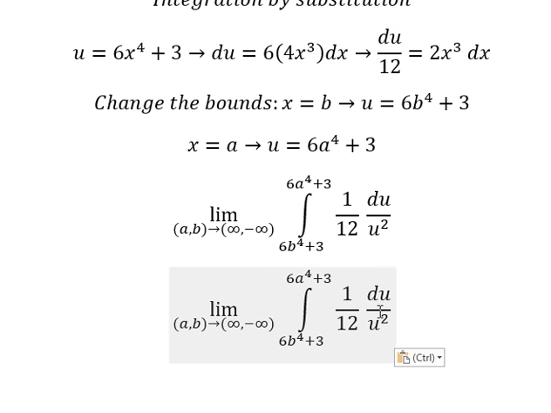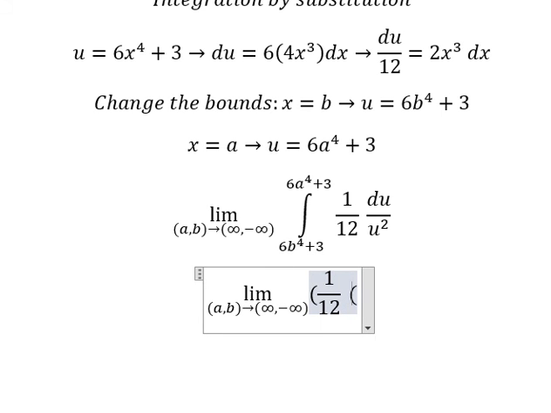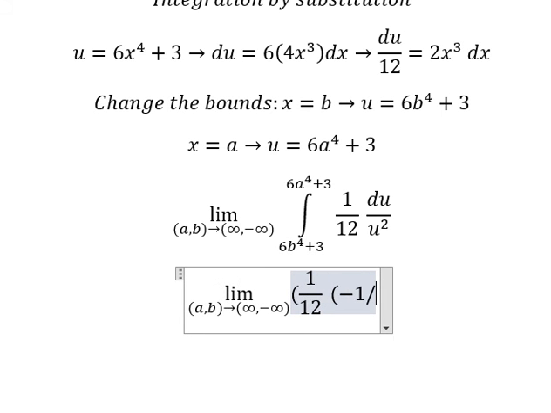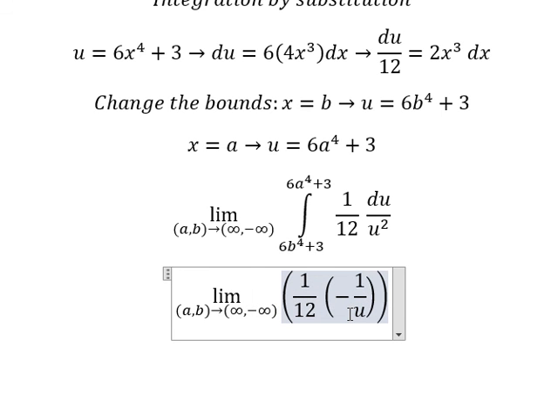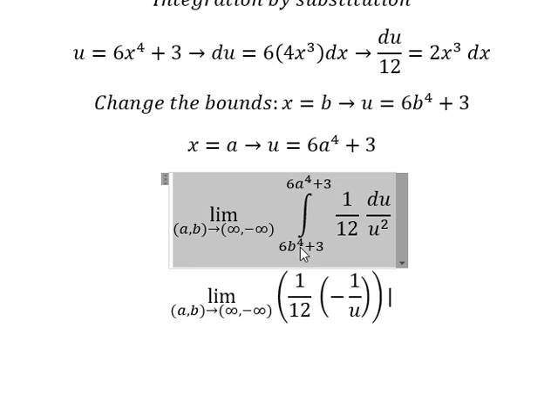Next, the integration of du over u squared. We have negative 1 over u, and I will put the bounds from 6b to the power of 4 plus 3 to 6a to the power of 4 plus 3.